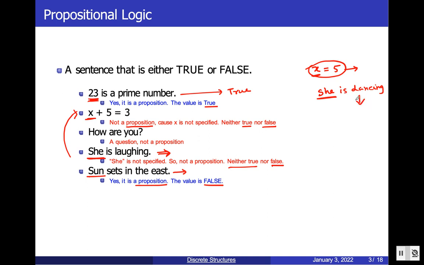But if we already know the value of x, for example, say x equals 5 and x greater than 2, we know the value of x is 5 and I'm saying that 5 is greater than 2. So if we have prior knowledge of x, then we can find out whether the statement is true or false.